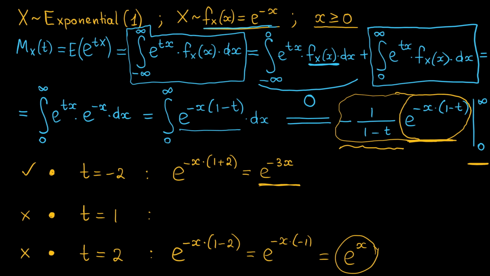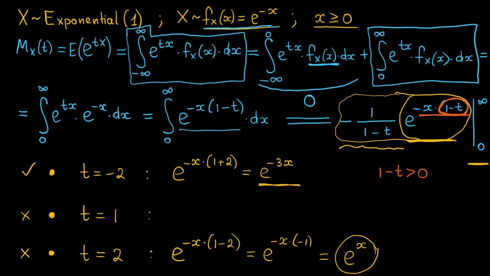So for what values of t are we okay? Notice that the values of t for which we're okay are the values for which this expression 1 minus t is strictly greater than 0. Because when 1 minus t is greater than 0, we end up getting a negative sign in the exponent, and this expression converges.